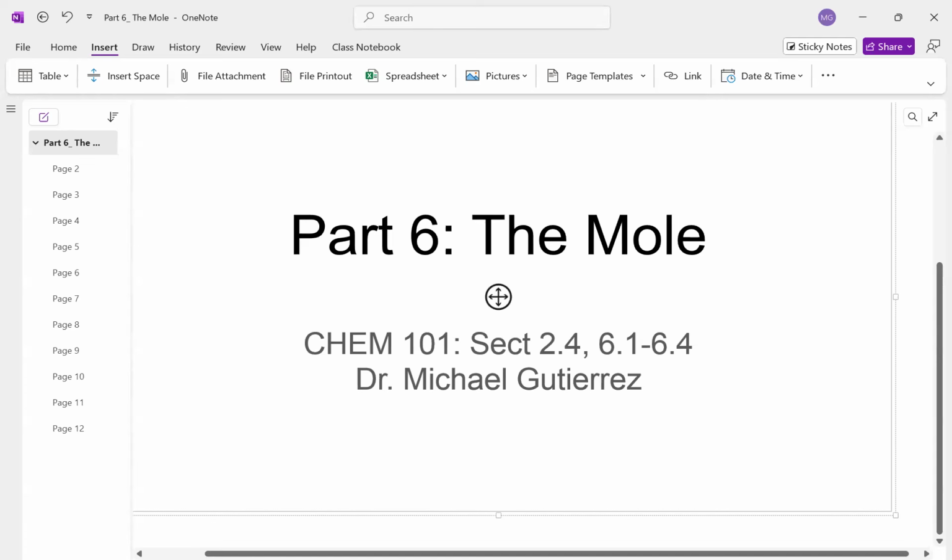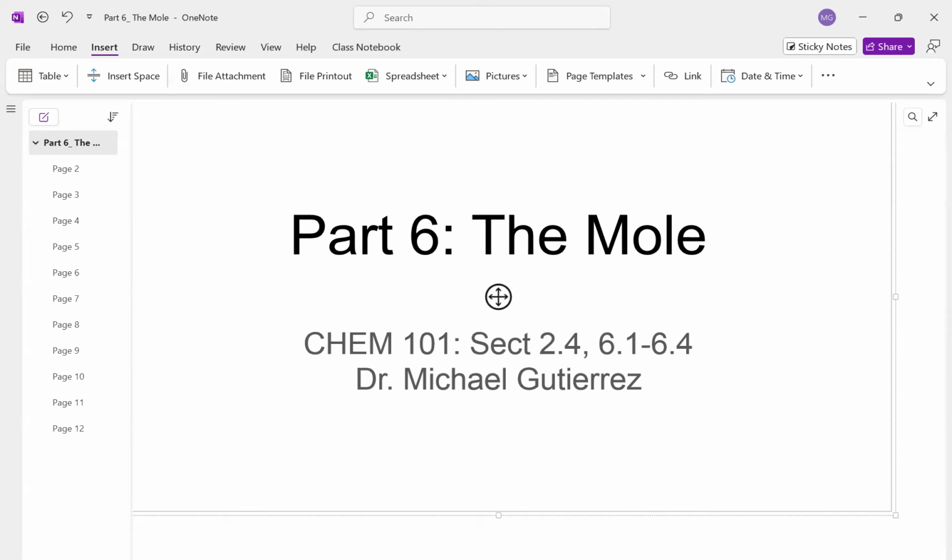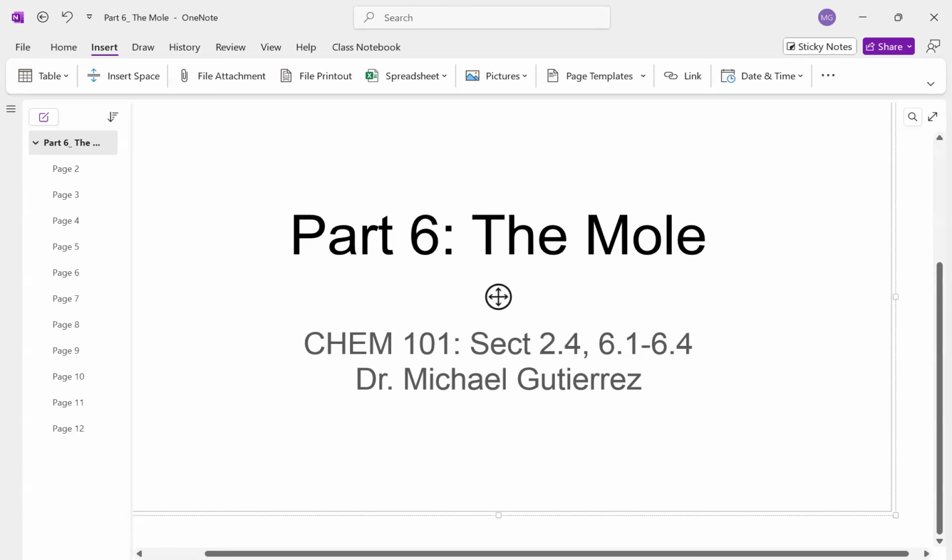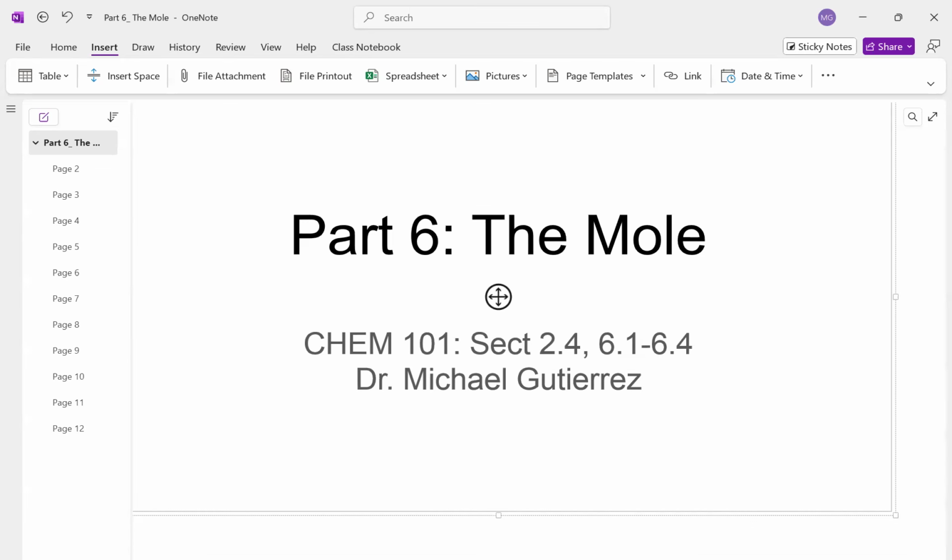In this unit, we're going to be looking at how we can, quote unquote, count atoms and molecules, even though they are very, very small particles, and we usually deal with a whole lot of them all at one time. And all of the concepts that we're going to talk about in this unit are derived from the concept of the mole.